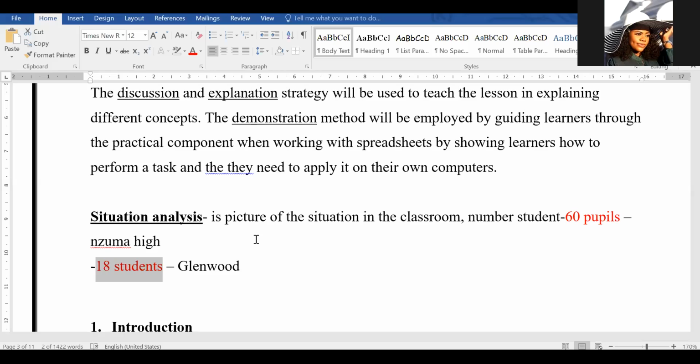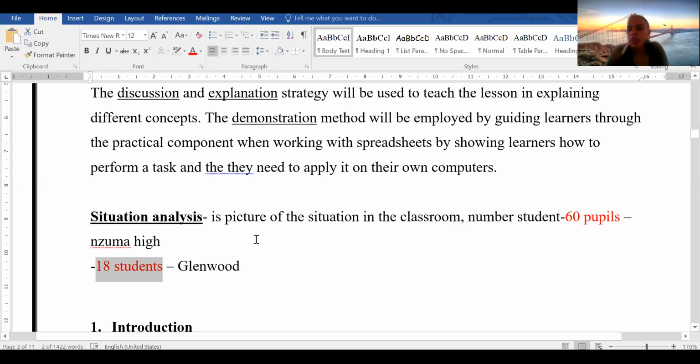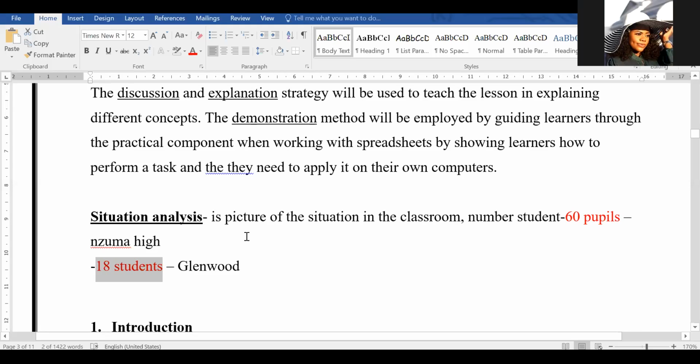Unlike in Glenwood, it's much easier to go to each and every learner and try to understand whether they are with you or they are left behind. So it's much easier and more effective if you have fewer learners.